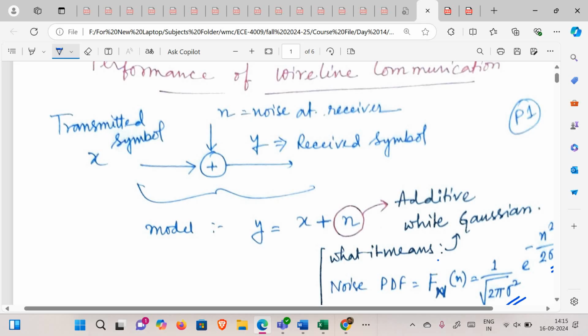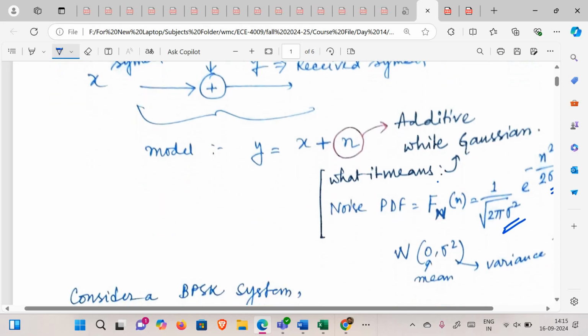If that is the scenario, the noise that we are looking at will be nothing but AWGN noise. The noise at the receiver is mentioned over here, and the expression is Y equals X plus N. The reason is that X remains almost undisturbed, except that the additive white Gaussian noise introduces some error to X.